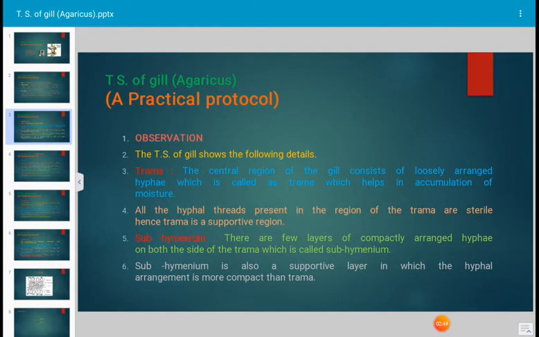Again, the subhymenium is also supportive in nature. It supports the gill and it is also a sterile region. But in comparison with the trama, the interwoven hyphae of subhymenium, they are somewhat compactly arranged.